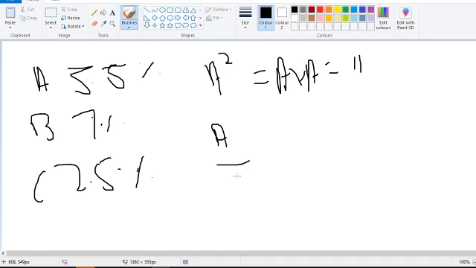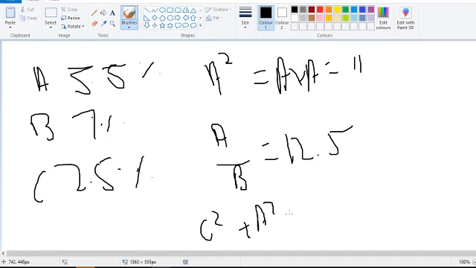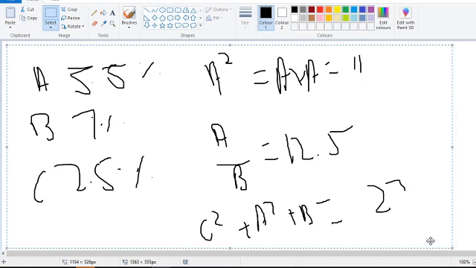A over B: A shows up once, B shows up once, so that would be 5.5 plus 7, which would be 12.5. And then C squared times A squared times B would be 2.5 plus 2.5 plus 5.5 plus 5.5 plus 7. Quick maths, 23. So that would be combining uncertainties. Very simple, very easy.